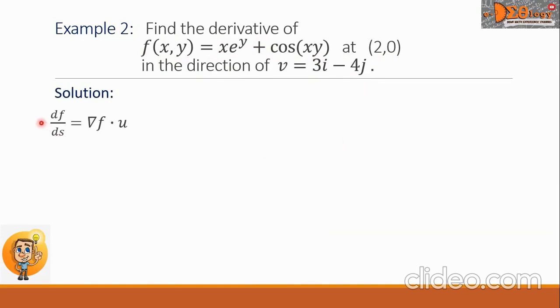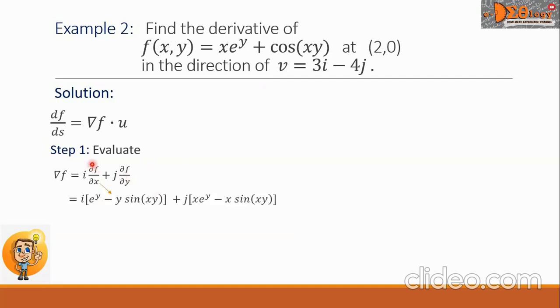We write the formula for the df over ds. Now for step 1, let us evaluate the grad f equals i times the partial derivative of f with respect to x plus j times the partial derivative of f with respect to y. In here, we don't have the k.